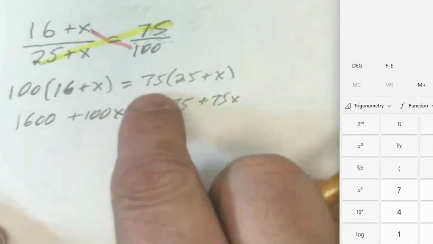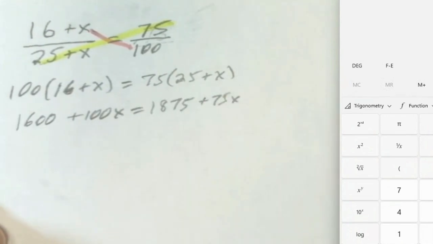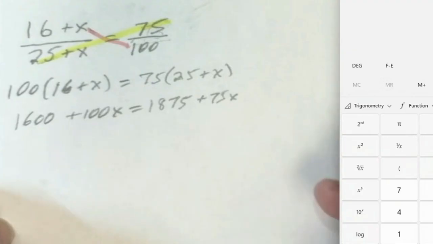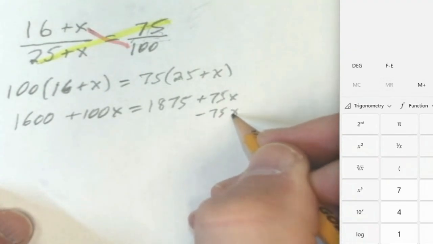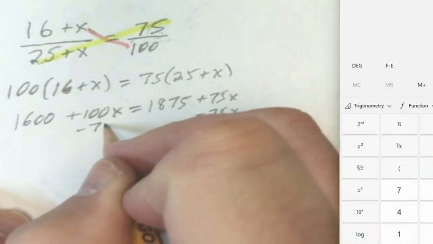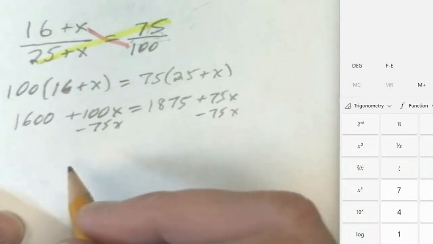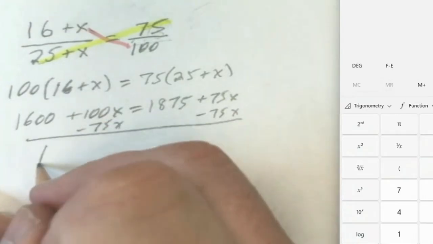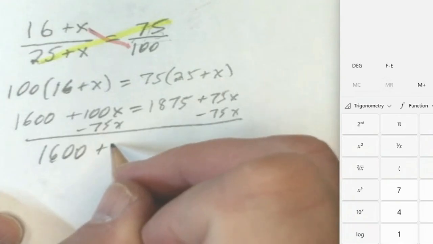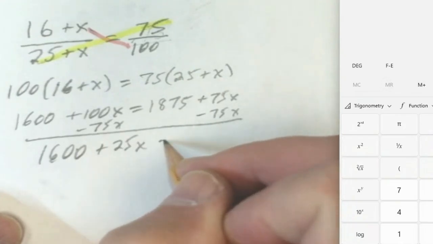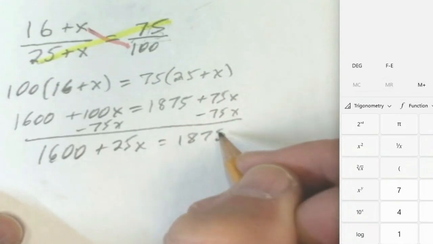So multiplying the 75 by everything in the parentheses. Now I just need to solve for x. I've got it down to just a basic algebra problem. I'll subtract 75x from both sides, which gives me 1600 plus 100 minus 75x on one side, and on the other side, 1875.